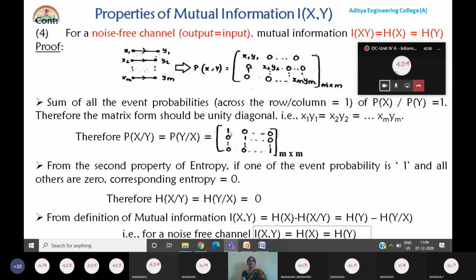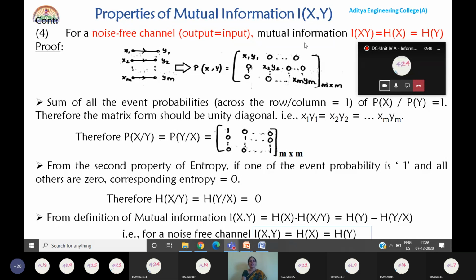Because 1 log 1 plus 0 log 0 plus so on up to 0 log 0. So 1 log 1 is 0 and 0 log 0 is also 0. Okay, so that's why H of X by Y or H of Y by X is 0.